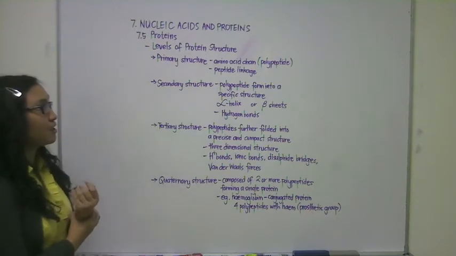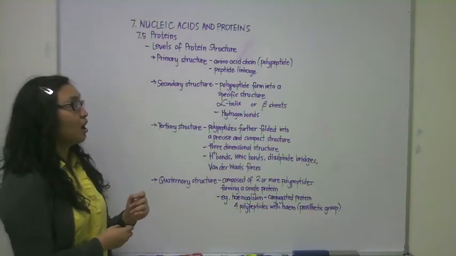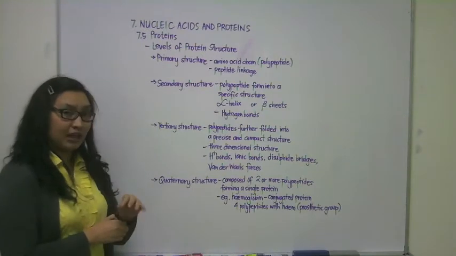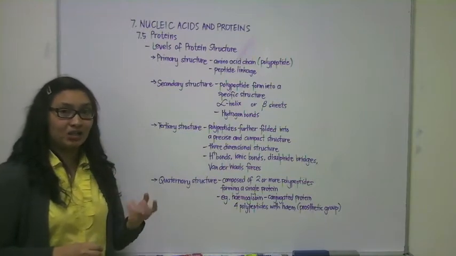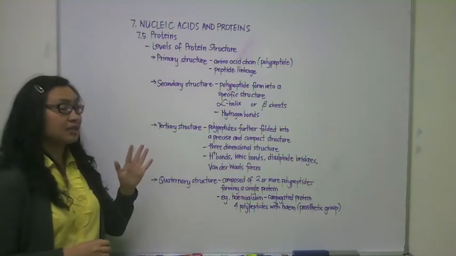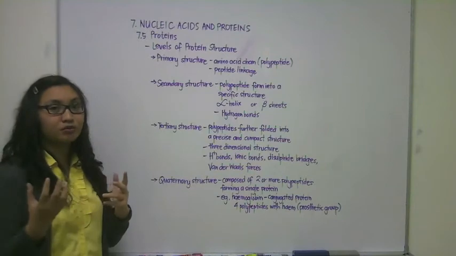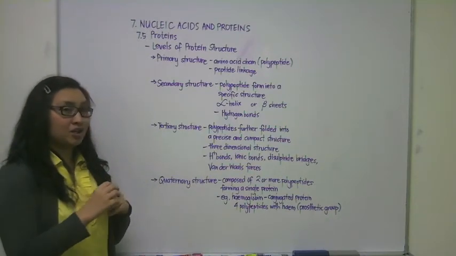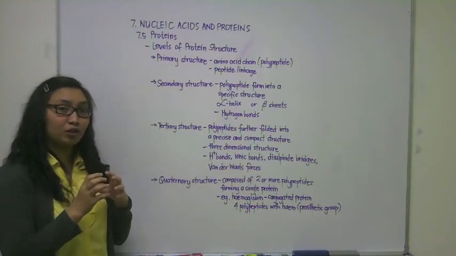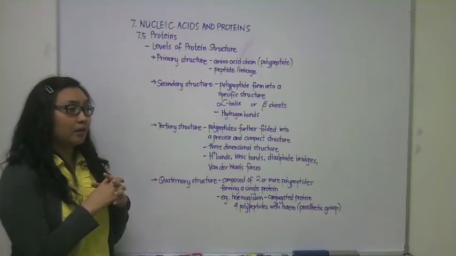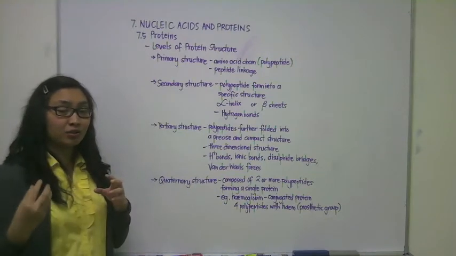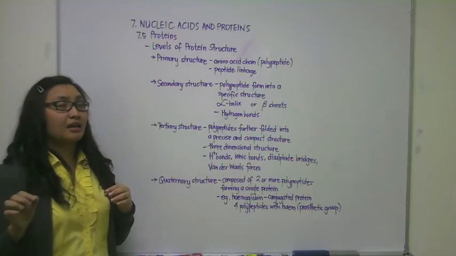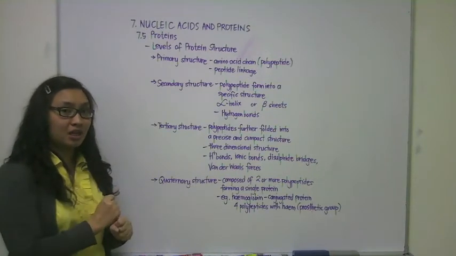In the case of the primary structure, it is composed of an amino acid chain or a polypeptide that is linked together using peptide linkages. Previously, we discussed that to form a dipeptide, there should be an interaction between the hydroxyl group of the first amino acid and the hydrogen of the second amino acid, and they undergo a condensation reaction.